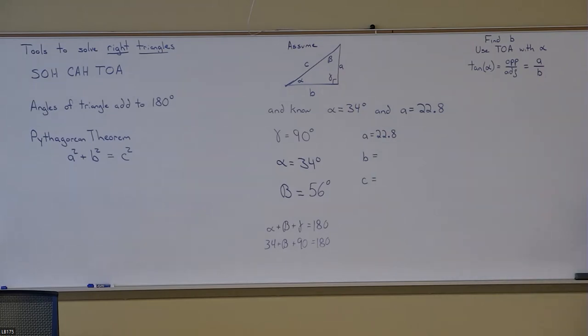So for alpha, the side opposite of alpha is A, and the side adjacent to alpha is B.